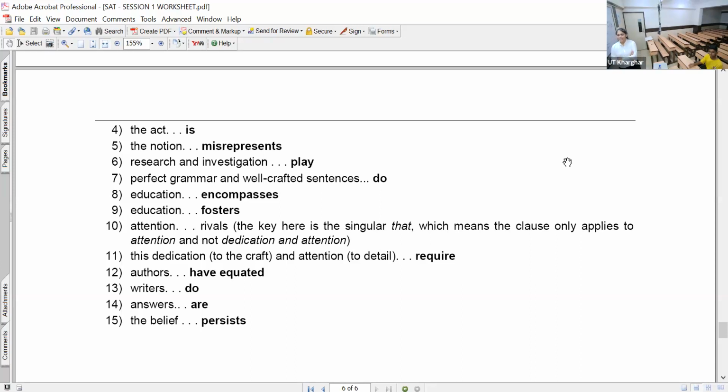Good, Saina. Saina and Adi, you need to save these worksheets. Saina, since you don't have this worksheet, I can just email it to you. Would you need it? Yes, ma'am, it will be better.